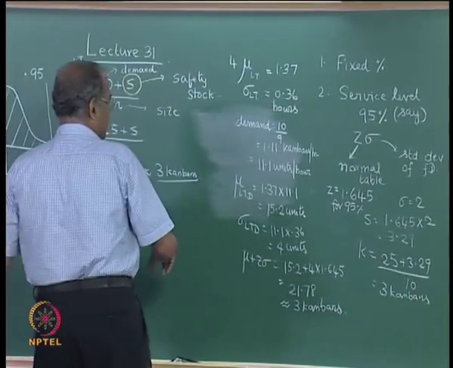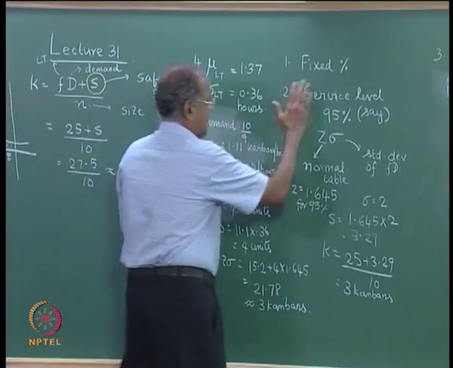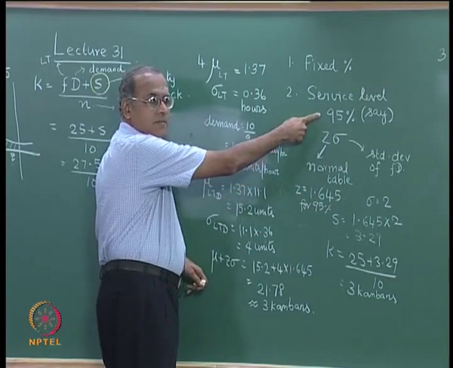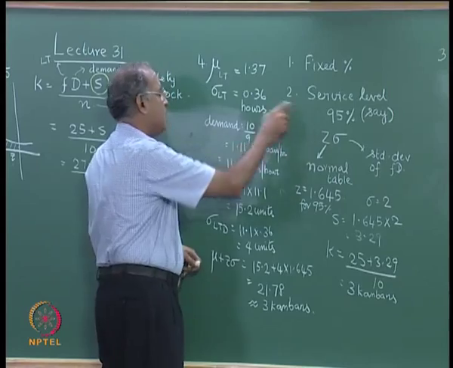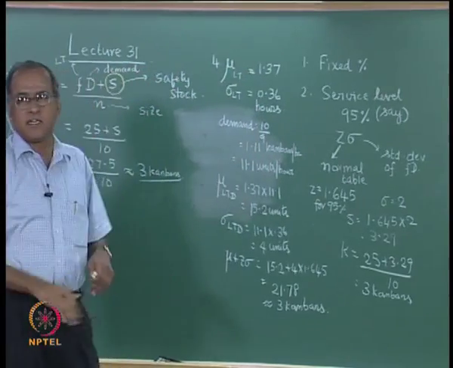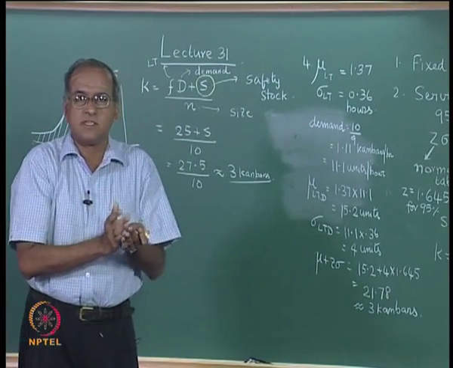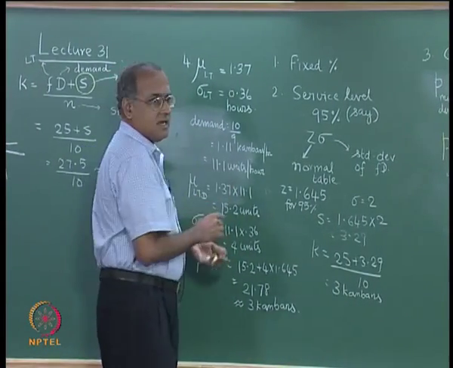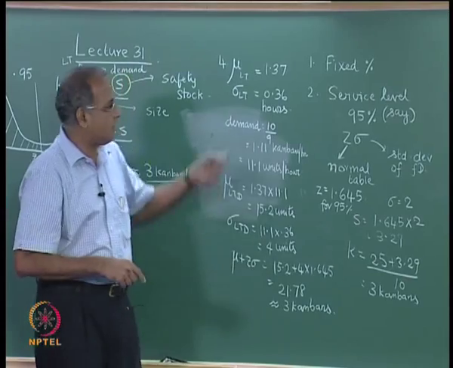In the fourth one, this is very similar to the second one, because the 1.645 is taken from a 95% service level. So here we do not use the shortage cost, instead we use the service level. The only difference of course is that the demands and the standard deviations are now computed.